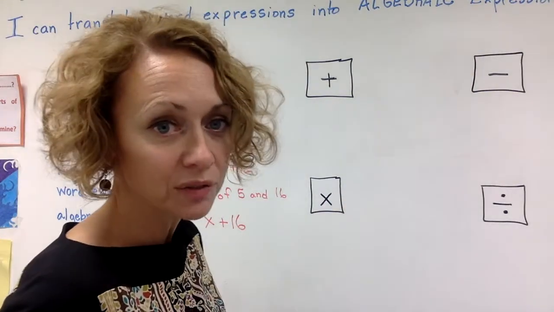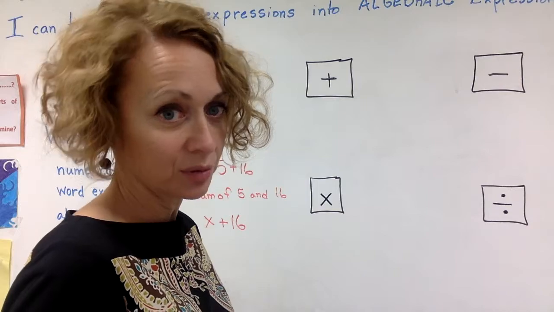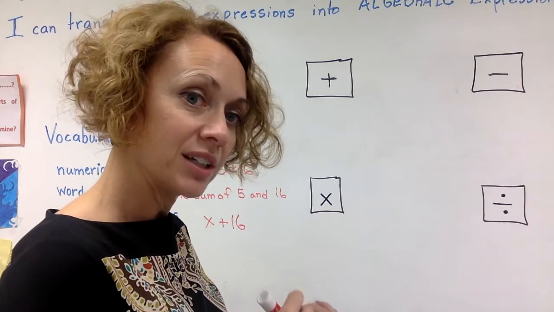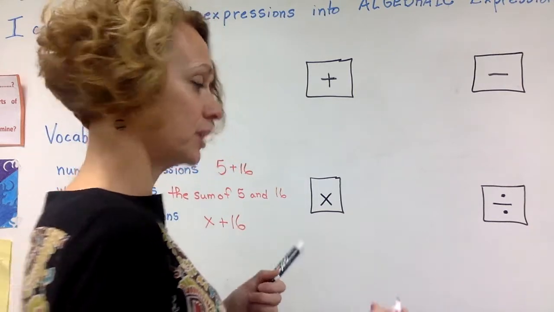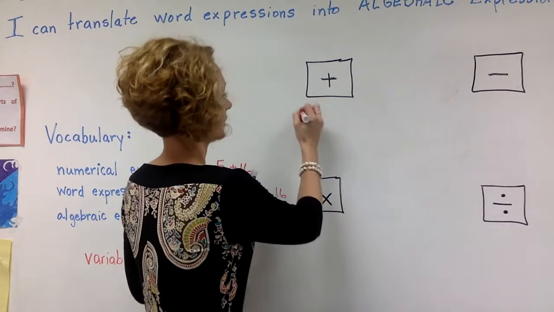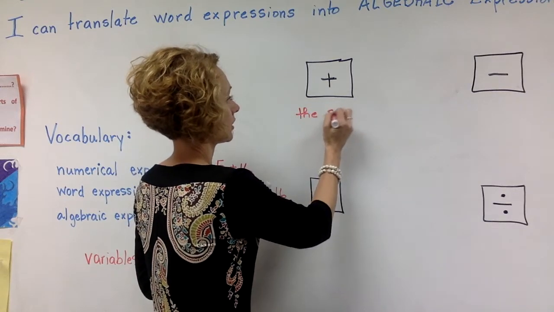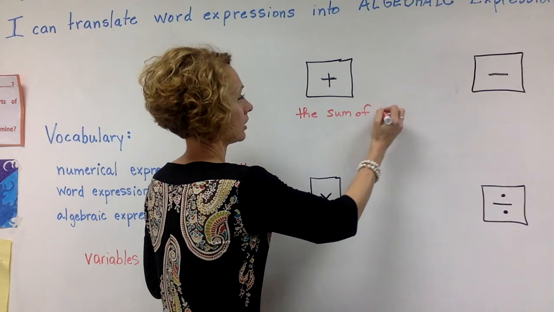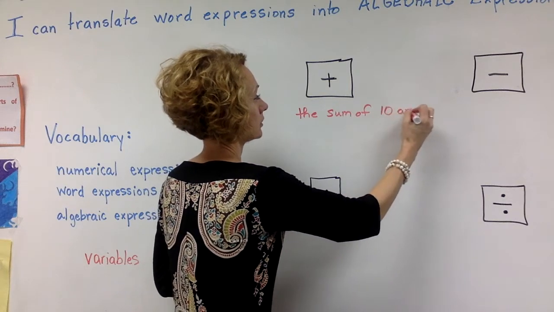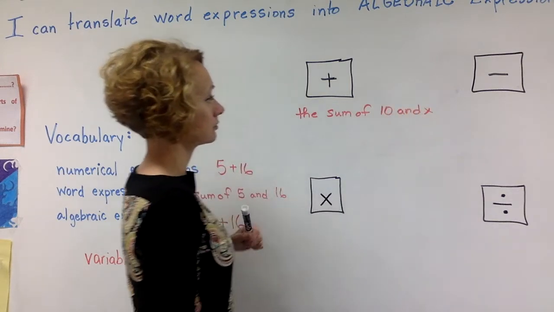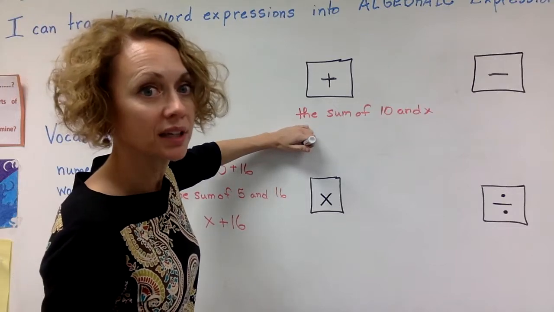Some examples of word expressions that would translate into addition algebraic expressions might be something like the sum of 10 and x. And of course you would write that as 10 plus x.